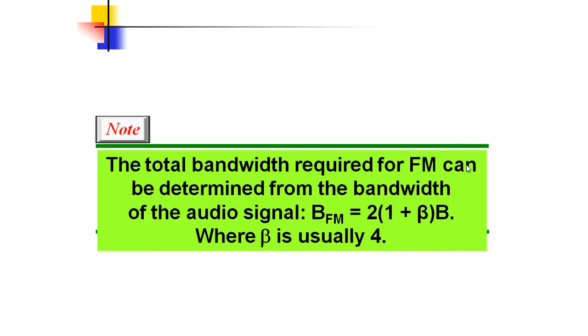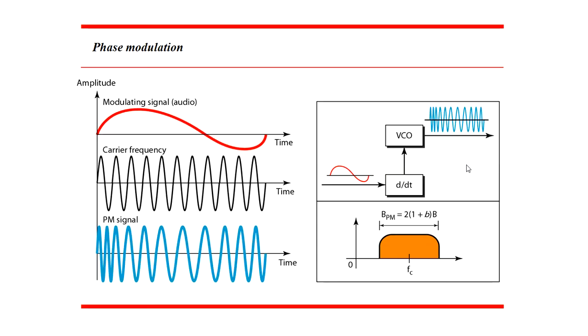How? 2 times (1 plus beta) into B, where capital B is the bandwidth of the original signal and beta is usually 4. So you can see the number of times it is getting multiplied. Approximately, to transmit a frequency modulated signal, we need 10 times more bandwidth than the original signal.